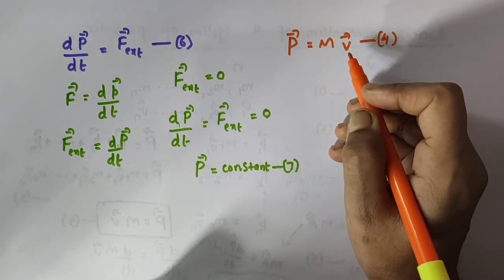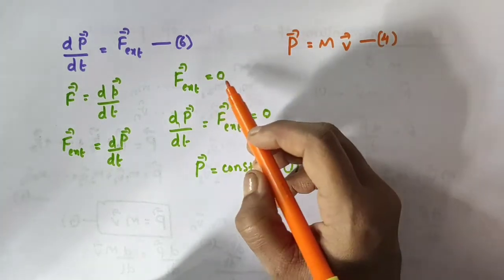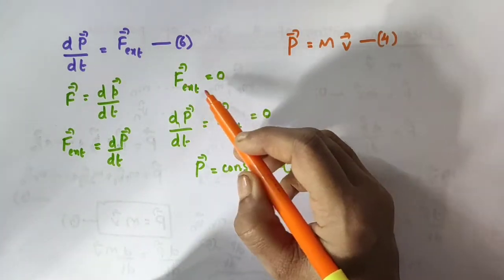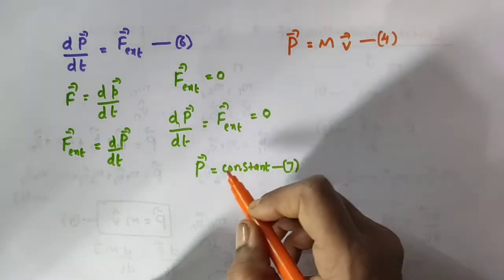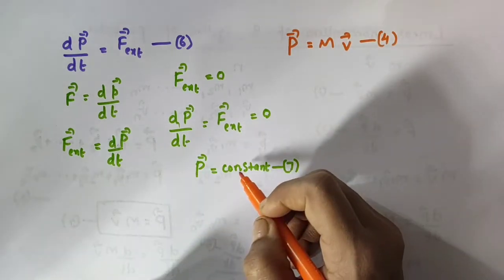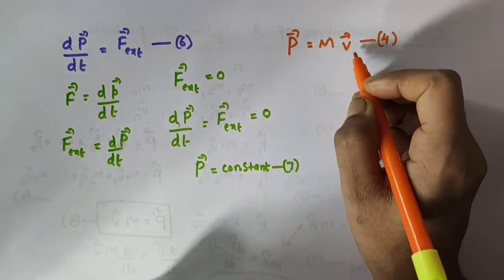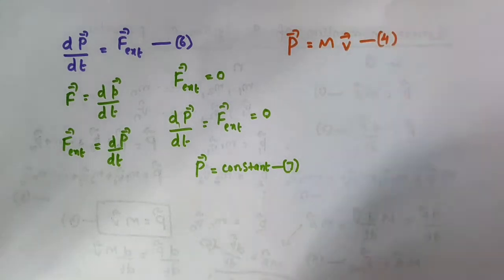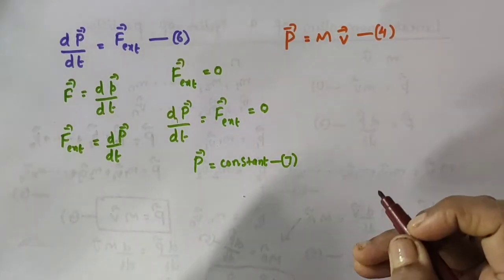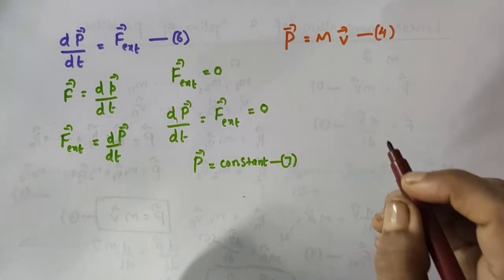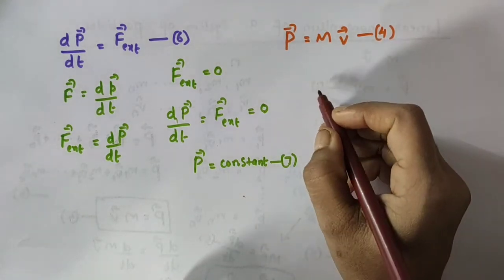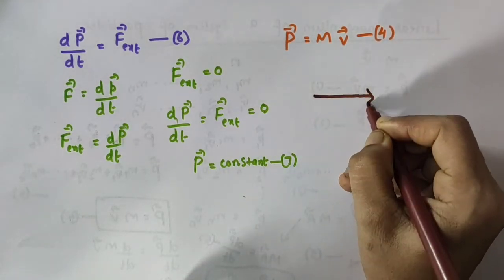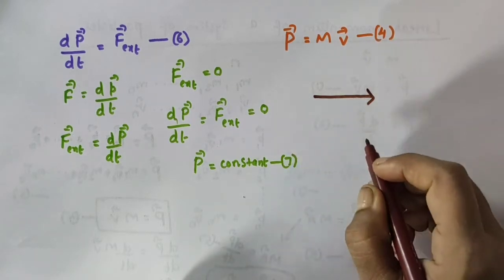What I am saying is, when the total external force acting on the system is 0, the total linear momentum is a constant and the velocity of the center of mass, vector V, remains a constant. Center of mass moves with a constant velocity means the center of mass moves uniformly in a straight line like a free particle.